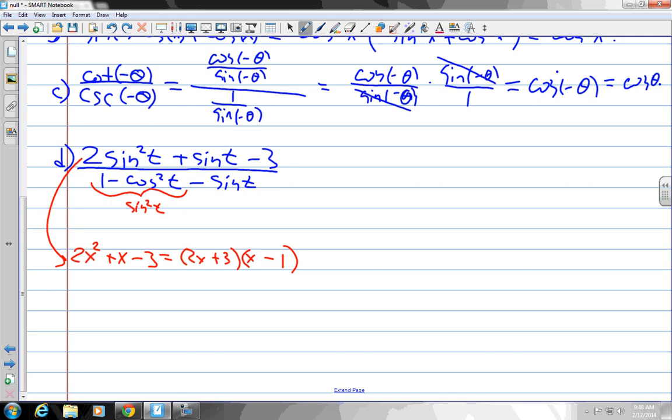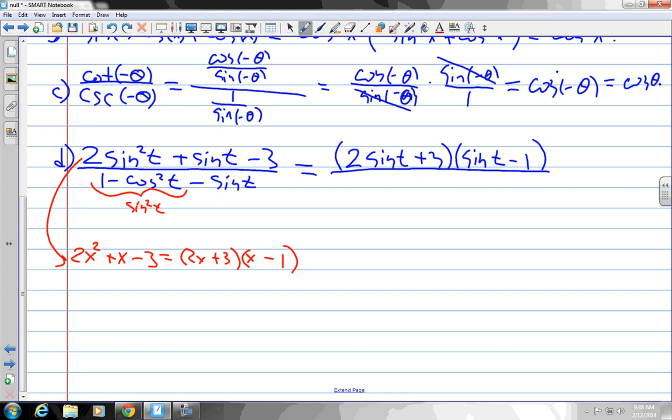So you get x in the middle, right? So that means the numerator is factored into, instead of x, I can just put sine. So it's 2 sine t plus 3, and then sine t minus 1. So we just use basic algebraic factoring on that one.